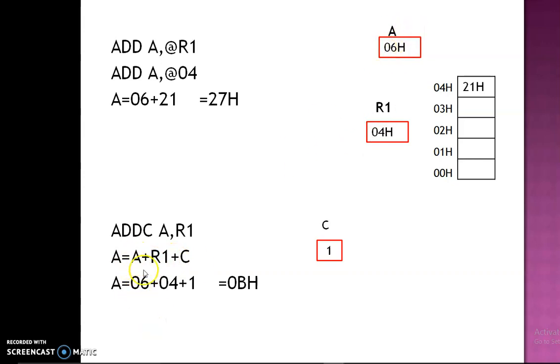I am taking accumulator content as 06 and R1 content as 04. Now the carry flag is 1, for example the carry flag got set. So 6 plus 4 is 10, plus 1 is 11. 11 in hexadecimal is B. 10 means A, 11 means B. So 0BH is the result. This is the ADDC, addition with carry.